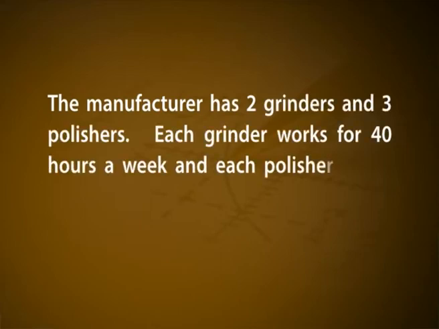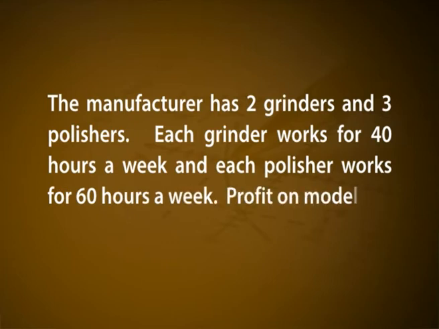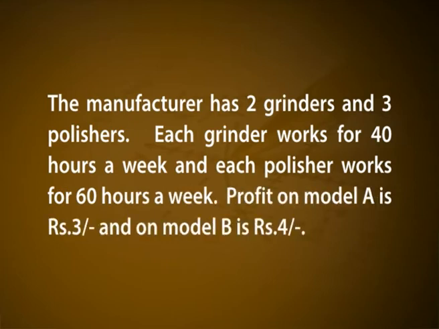Each grinder works for 40 hours a week and each polisher works for 60 hours a week. Profit on model A is rupees 3 and on model B is rupees 4. Whatever is produced in a week is sold in the market. How should the manufacturer allocate his production capacity to the two types of models so that he may make the maximum profit in a week?